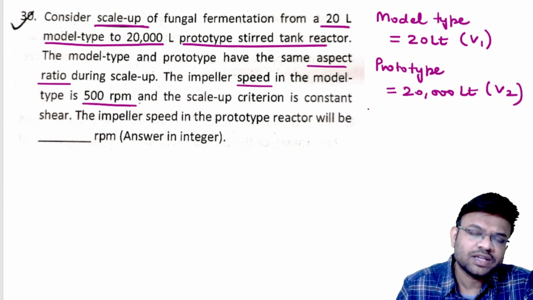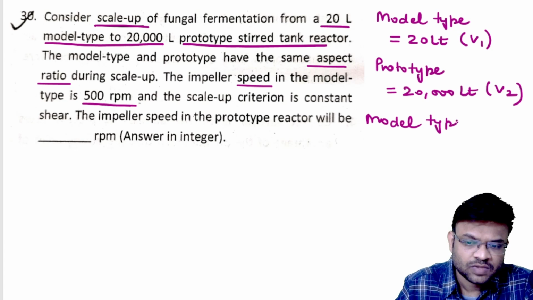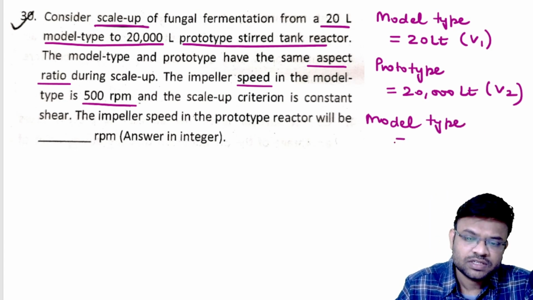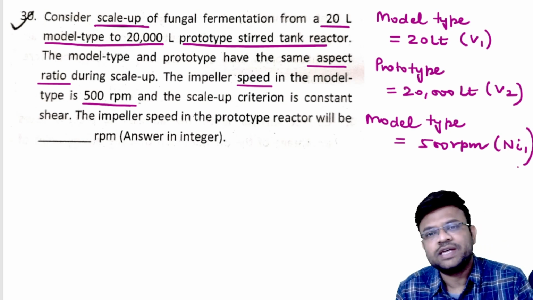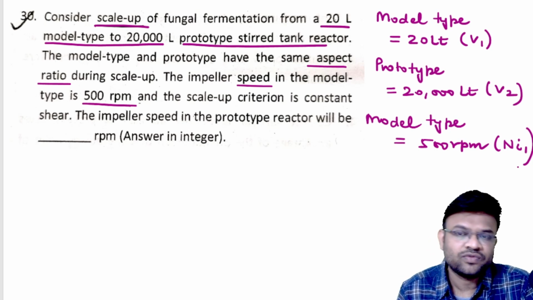So we can write that the model type impeller frequency is equal to 500 rpm, and I can write it as Ni1, because Ni is the notation for the impeller frequency. So Ni1 I have written down for the model type.